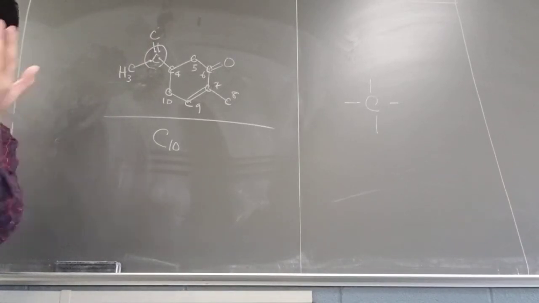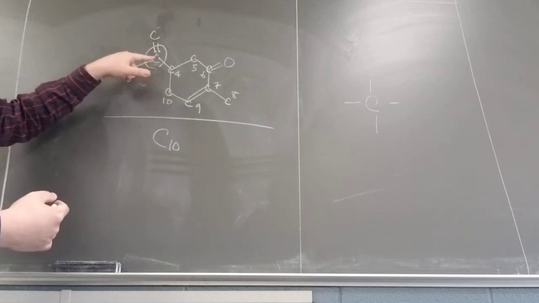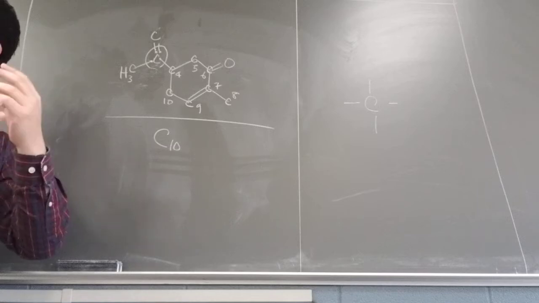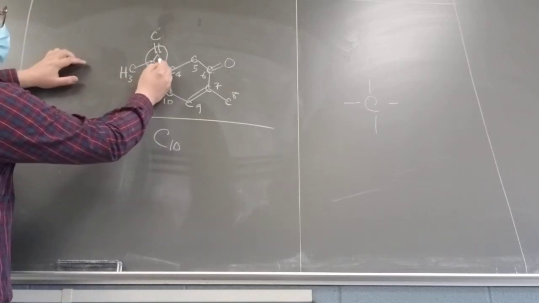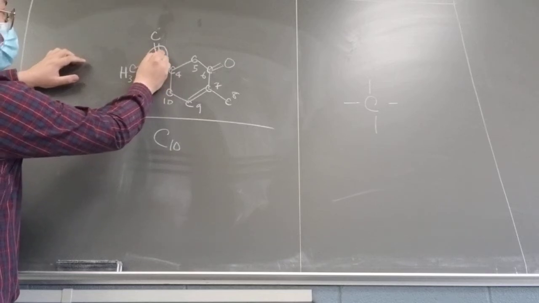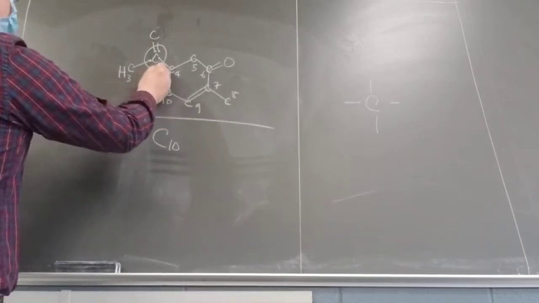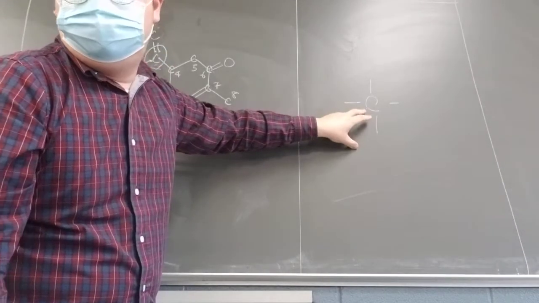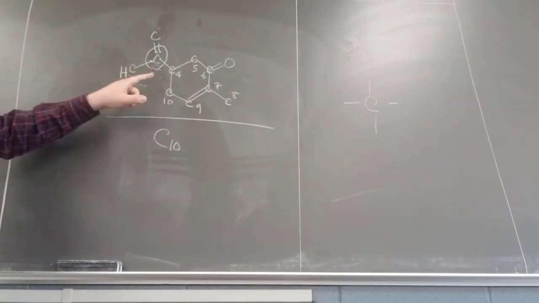I mean, it's not literally 2 bonds, but when you count the possible number of hydrogens on it, you can count it as 2. So it can be 1, 2, 3, 4, meaning it's already full. So there's no hydrogen implied there. This is already done.